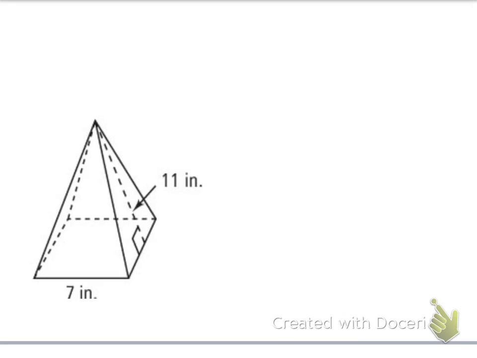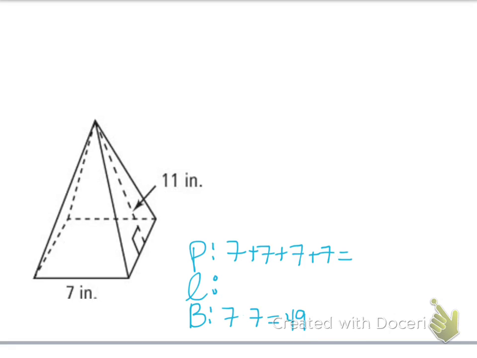Okay, and going back to our notes, here's our next one. So perimeter, my slant height, my area of the base. So it's a square again, so 7 times 7 gets me 49. My perimeter is 7 plus 7 plus 7 plus 7, or 7 times 4, which is 28. And my slant, or my outside height, is 11 this time.